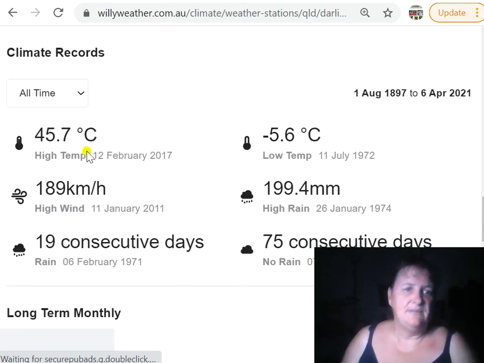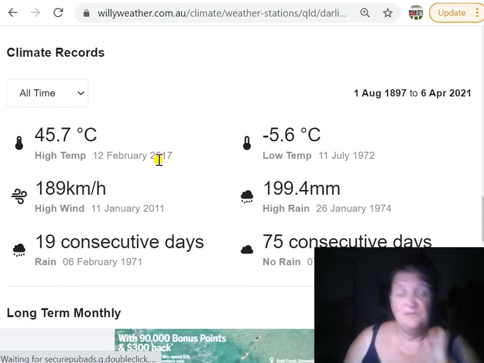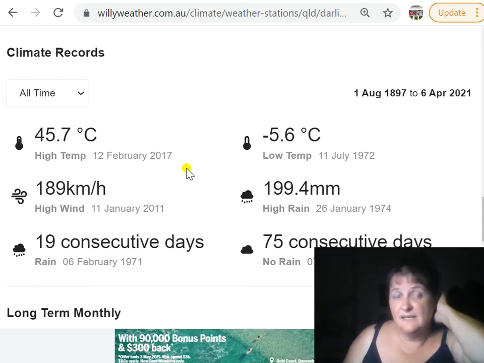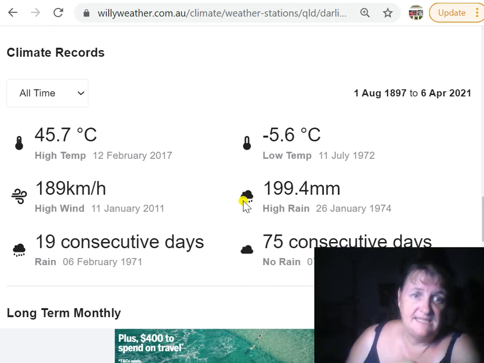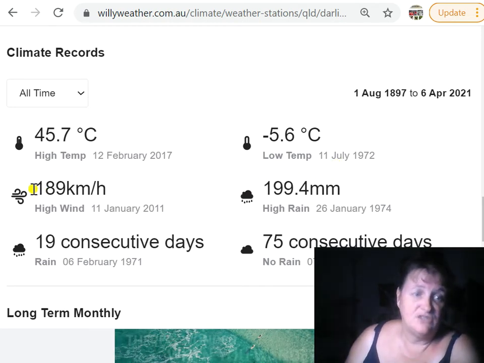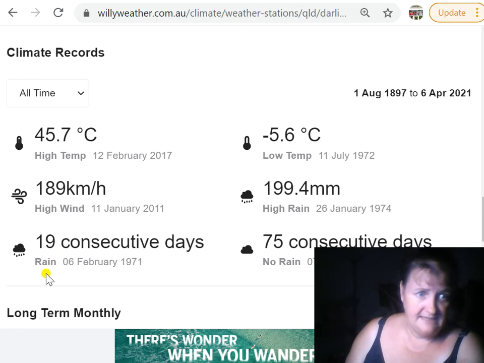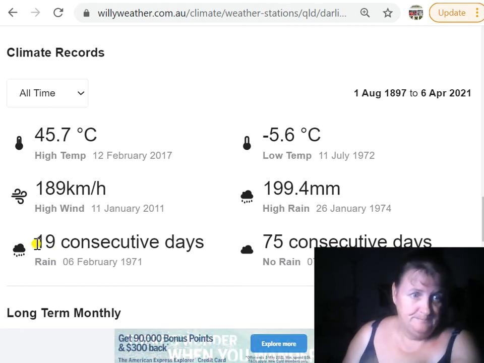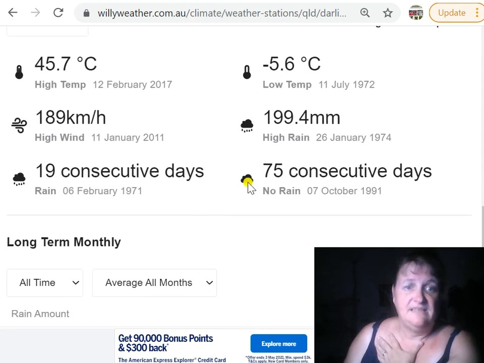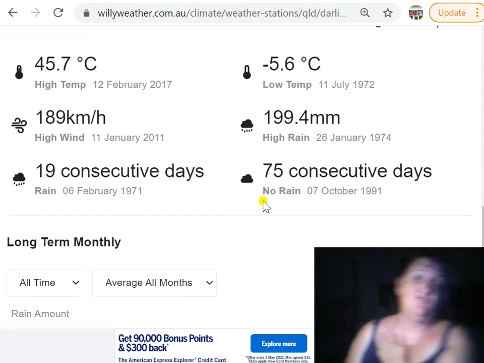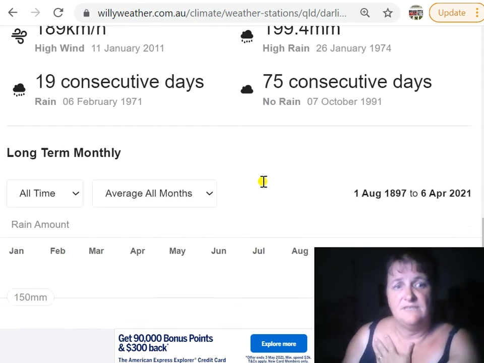It tells me where the 45 degrees was, and that was on the 12th of February 2017. The low temperature was minus 5.6. The strongest wind was 189 kilometres. Pardon me, the longest consecutive days of rain was 19, and 75 consecutive days was the longest with no rain.